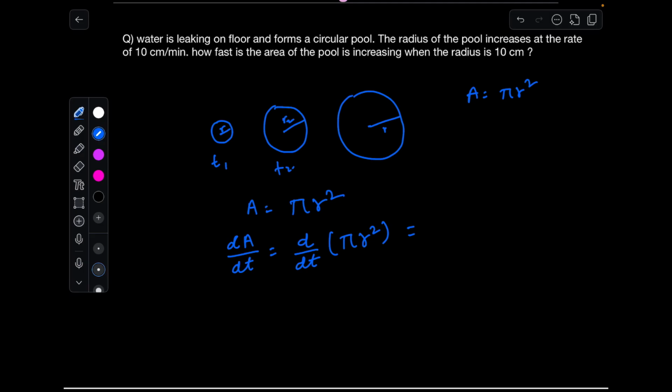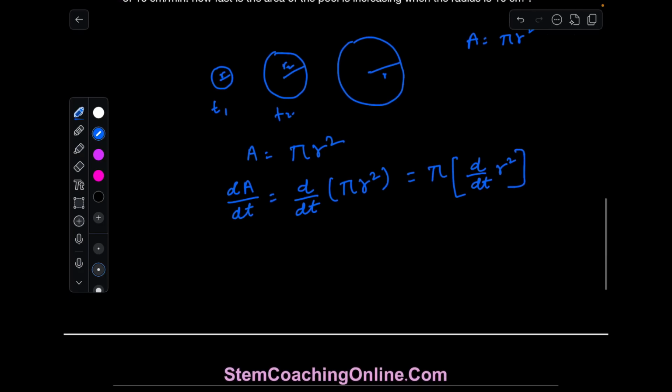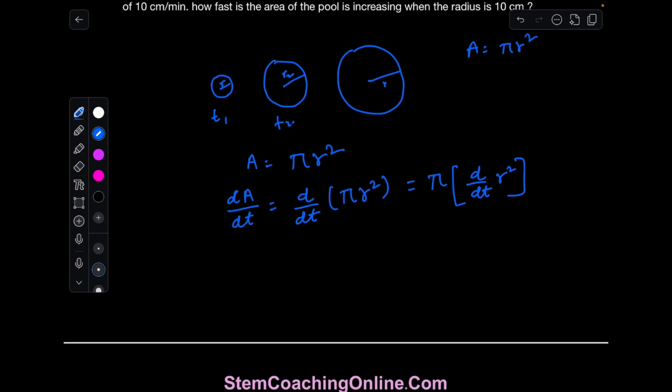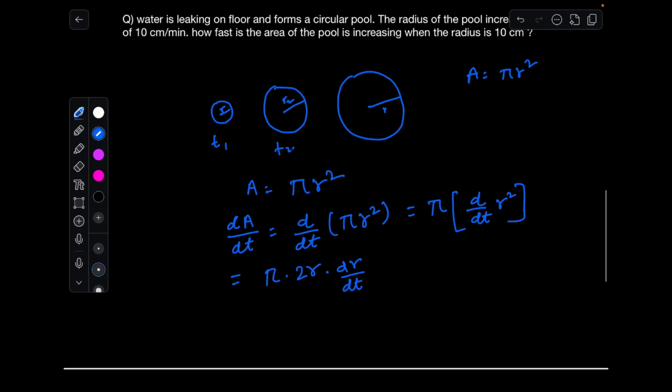Pi is a constant, so we can keep pi out, and now we are left with d over dt of r square, which is equal to pi times 2r times dr over dt. So that's the rate of change of area with respect to the rate of change of radius. Let's plug in the values.